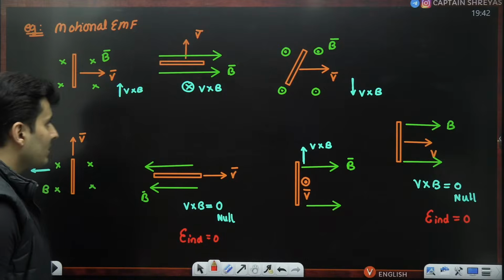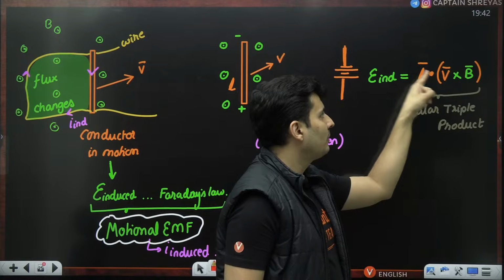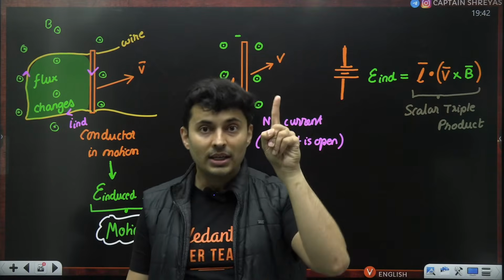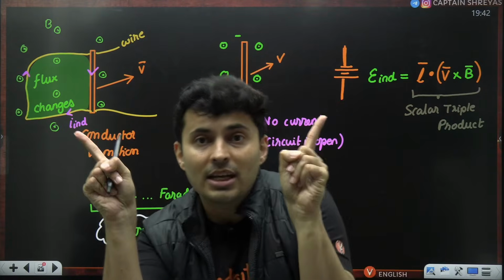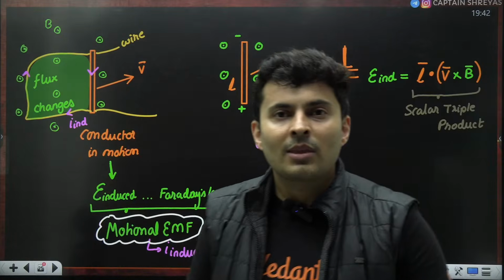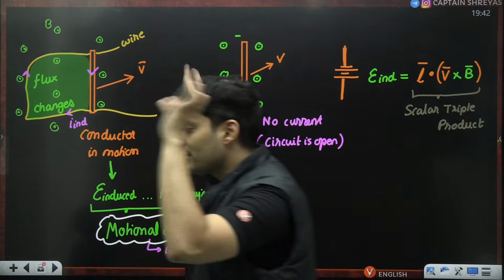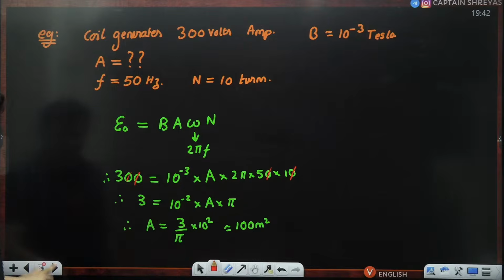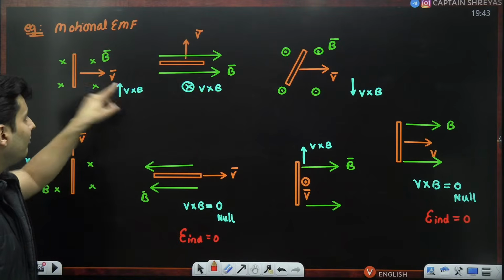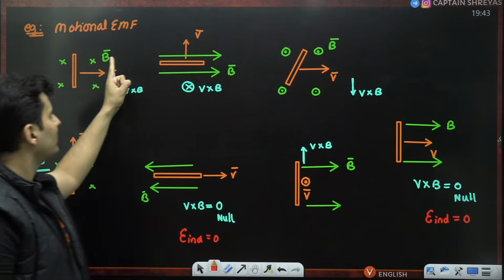Now observe this. When you do V cross B, whatever that vector is, you are taking the dot product of V cross B with the length vector. And when is the dot product 0? When the vectors are perpendicular, correct? Dot product, cos 90, 0. So observe which all places V cross B is perpendicular to the length. Length is here, V cross B is here.